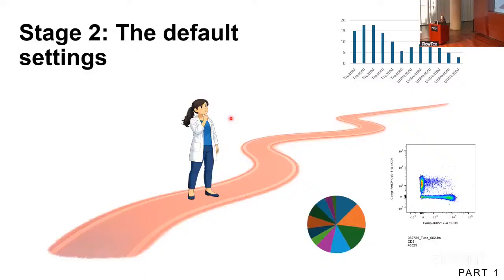So after you have gotten your first set of great data, you've included all of the correct controls, you're using validated antibodies, you've avoided co-expressed markers, you're using an optimized instrument, you get to step 2, what I'm calling the default settings. So now you're using the default software settings, you're just starting to figure out how to analyze it, so you may also be using default go-to plot types.